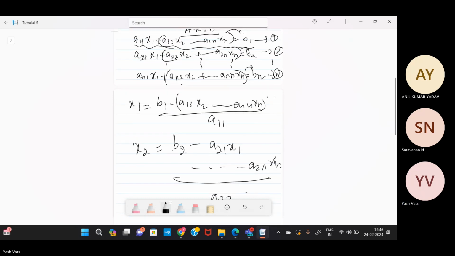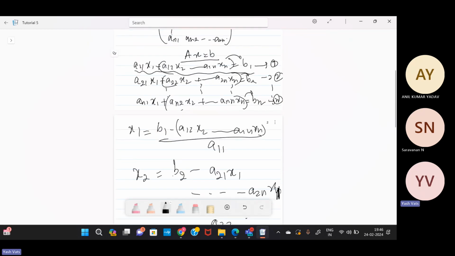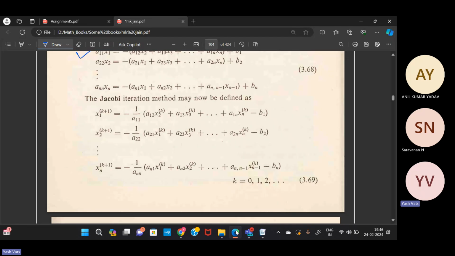So whatever value you found for x1 in the first step, are you using this value in the next step? No, that's not the case here, I think.